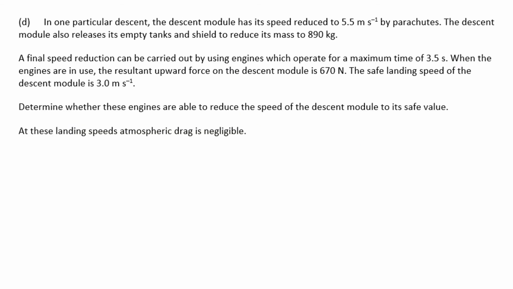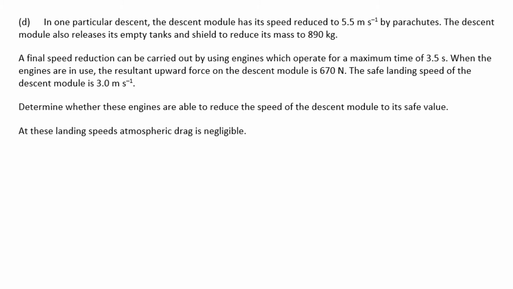Okay, so in one particular descent, the speed is reduced to 5.5 meters per second by parachutes, and the module also releases empty tanks and its shield to reduce its mass. So we know what its new mass is, 890 kilograms.